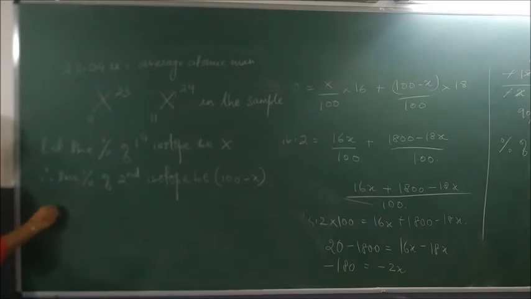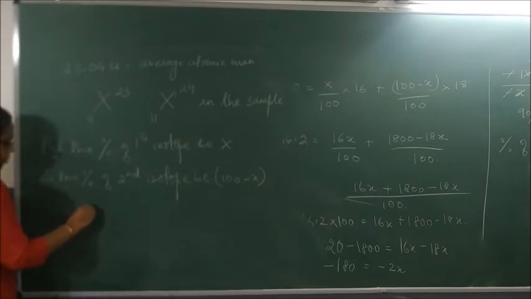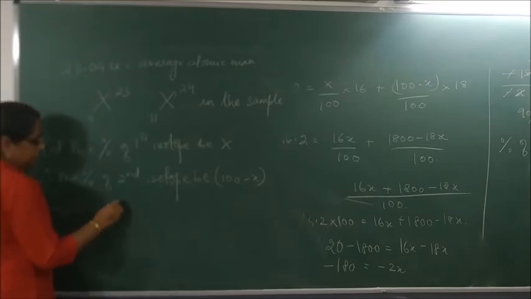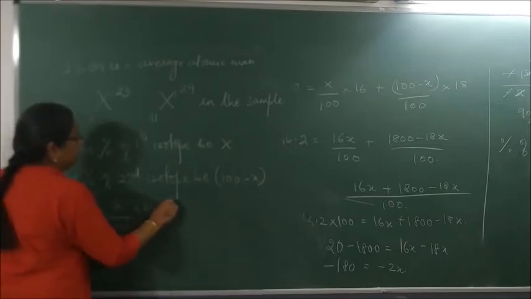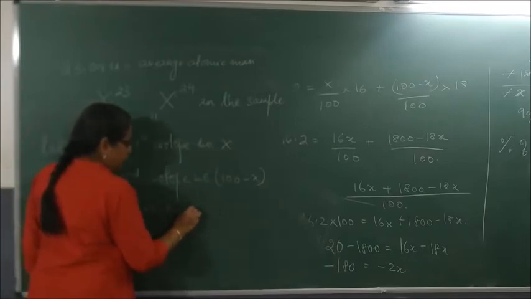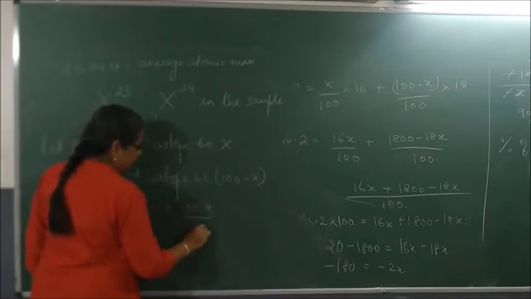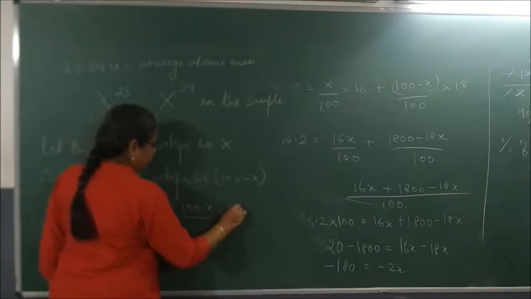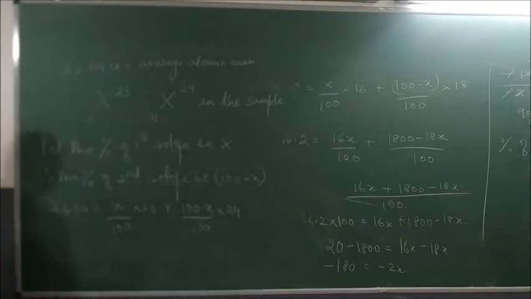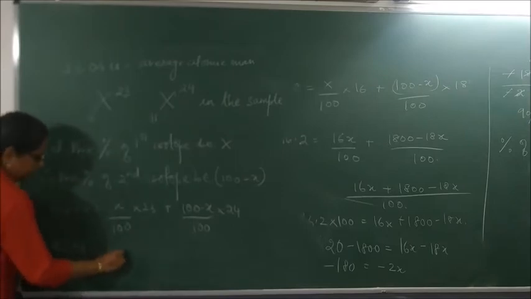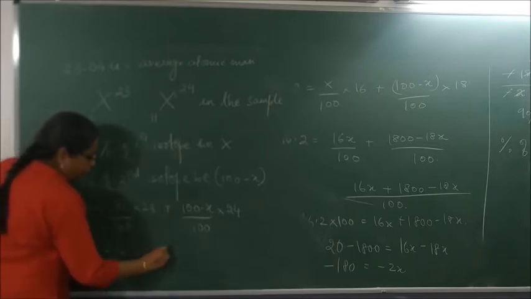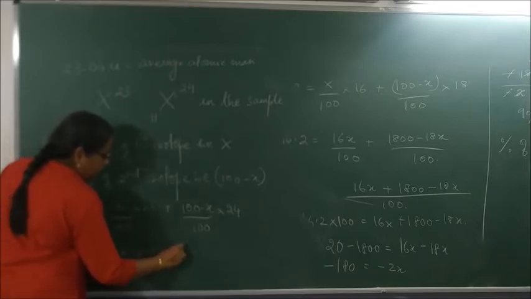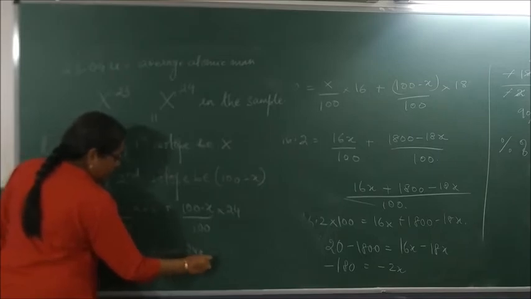So 23.04 is equal to percentage X by 100 into 23 plus 100 minus X by 100 into 24. So it becomes 23.04 is equal to 23x by 100 plus 2400 minus 24x by 100.